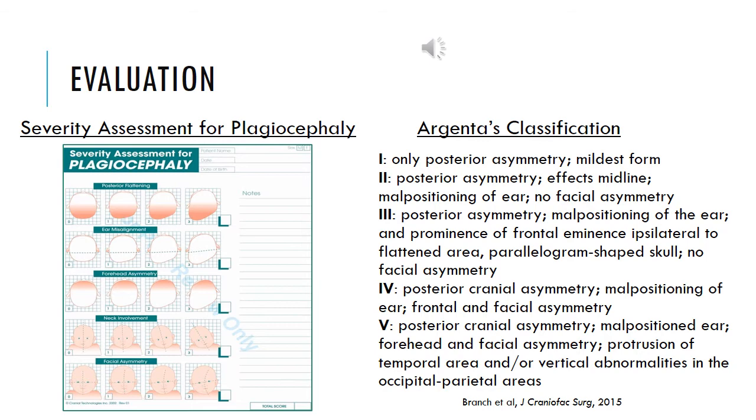There's only posterior asymmetry, so that would be the mildest form. And then as we move on, just looking at level 4 as an example, not only do you have posterior asymmetry, but the ear position is not in line with the other, and you have facial asymmetry that goes with it. So as you move up on that scale, the severity also increases.